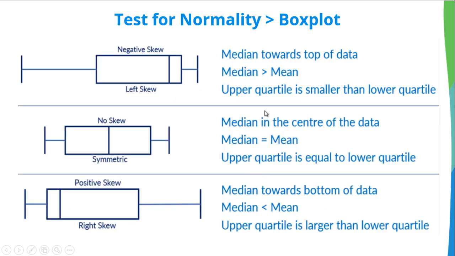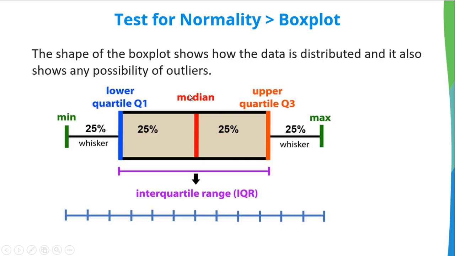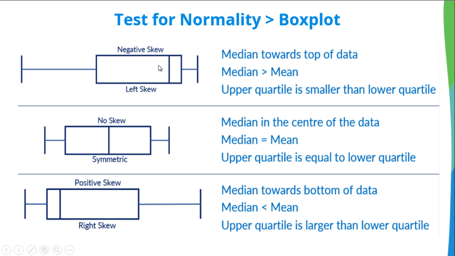Under the box plot, we have negative skew, positive skew, and no skew. Negative skew means the median is towards the top of the data. The line in the middle is called the median, but here the median is towards the top, on the positive side.